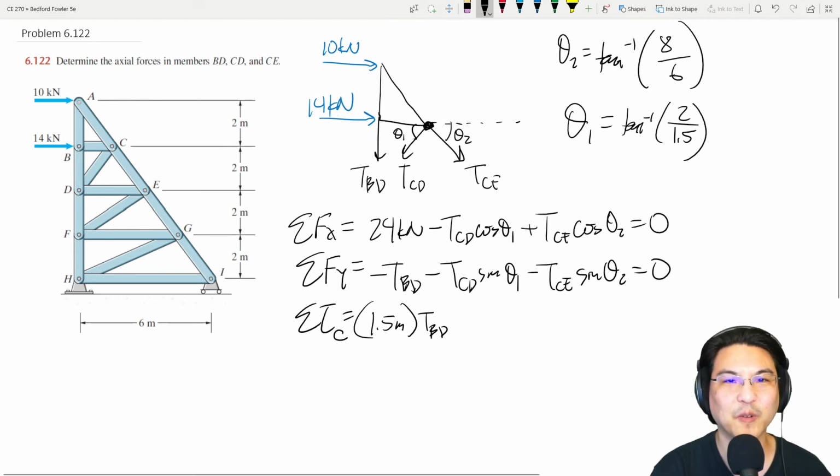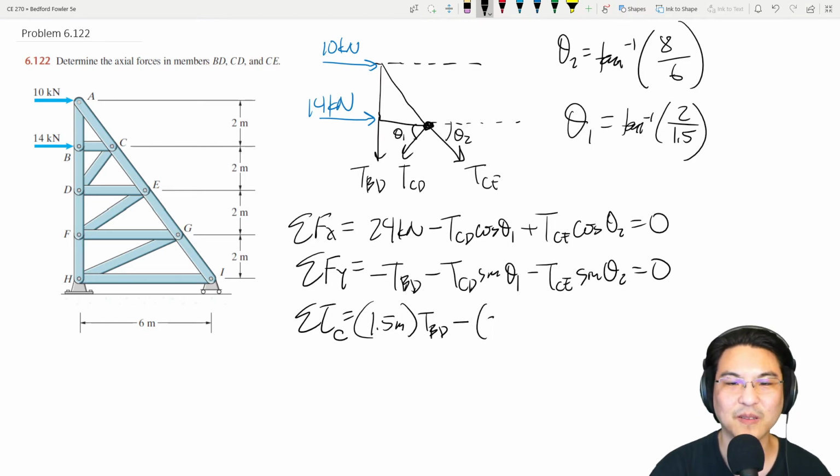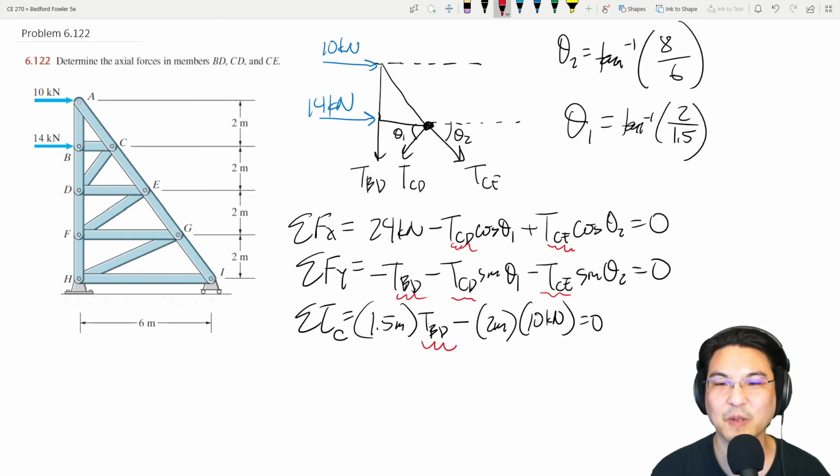The torque by this force, see the line of action over here? This lever arm is 2 meters minus 2 meters, 10 kilonewtons. Okay, so then let me point out the unknowns here, here, here, here. Okay, so we got 3 equations, 3 unknowns.